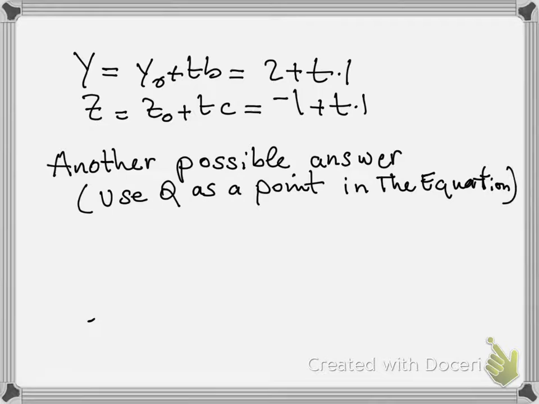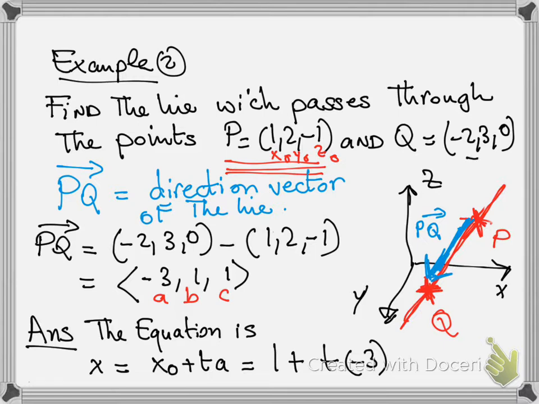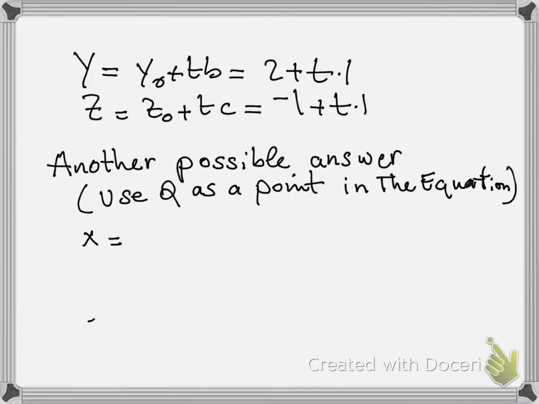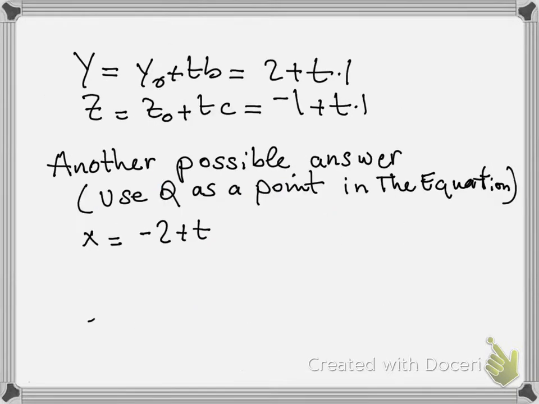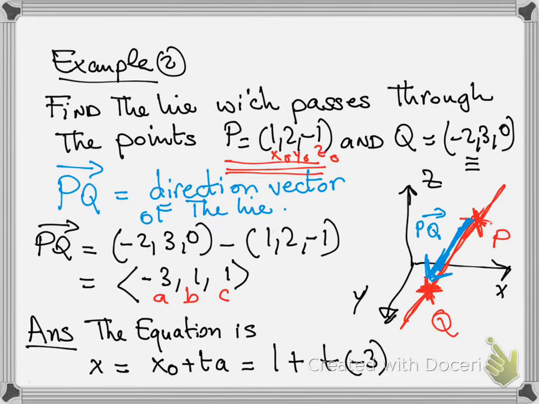Okay, so then x would be x0. So x0 here would be -2 because we are using Q as a point. So -2 plus t times, again, the same thing here, a, which is -3. Y is equal to y0 in Q, so that would be 3 here.